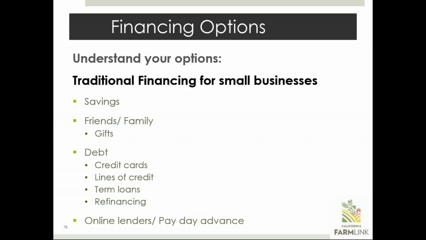They sometimes have conditions that require you to zero them out at a certain point in the year before you can re-access them. So understanding the terms of a line of credit are important. Term loans have a fixed term or length to the loan for a specific purpose.